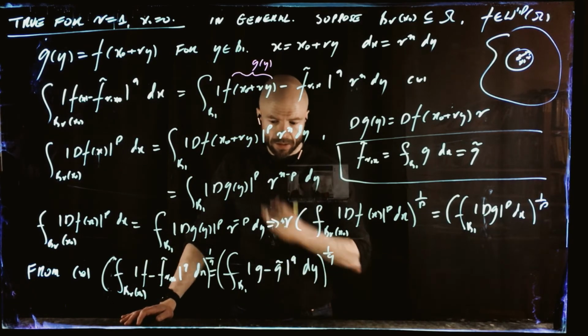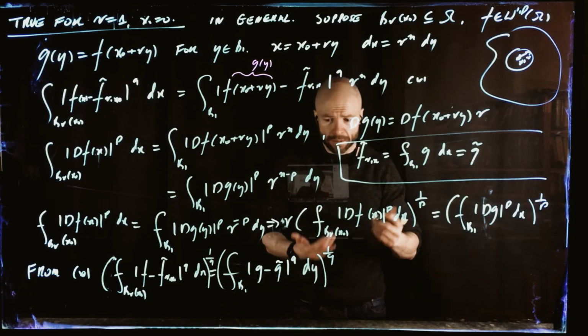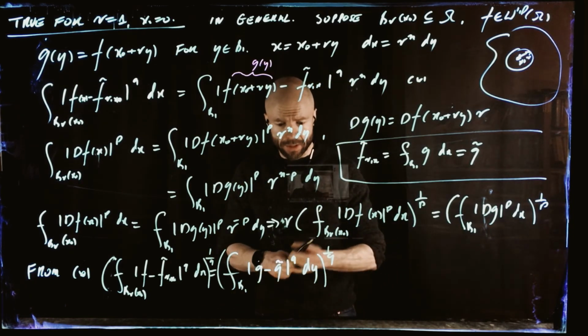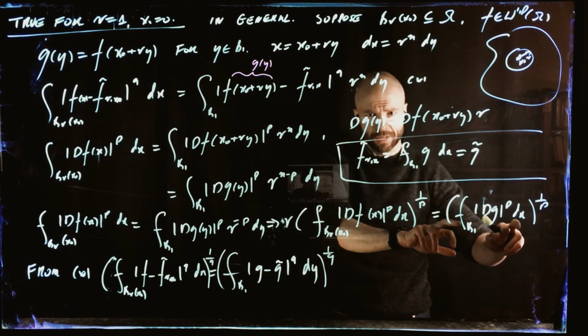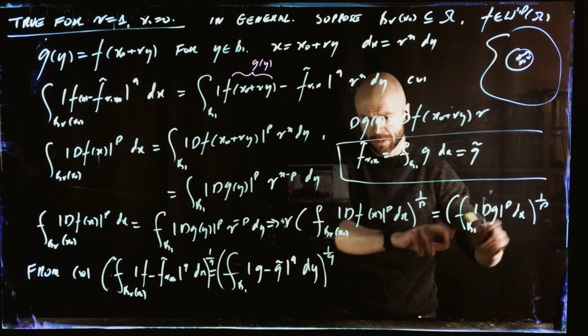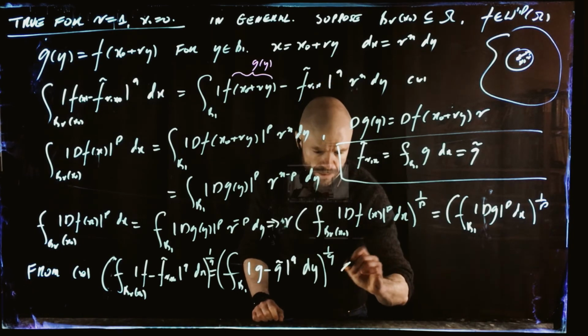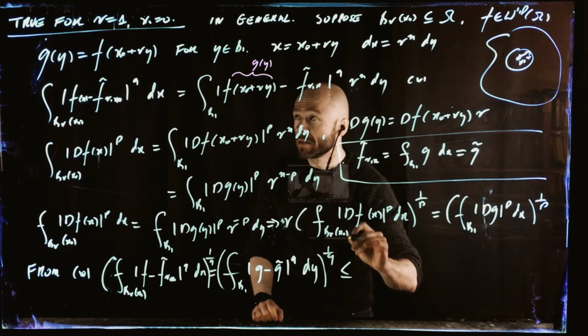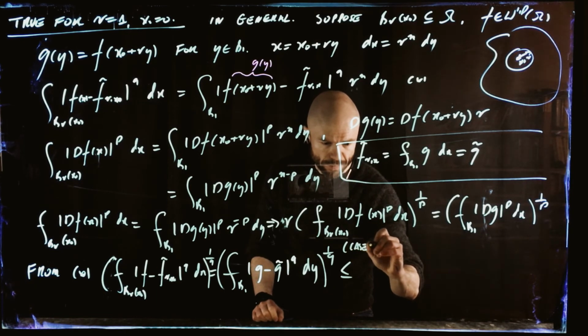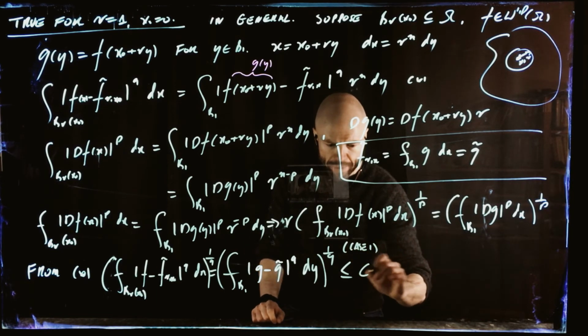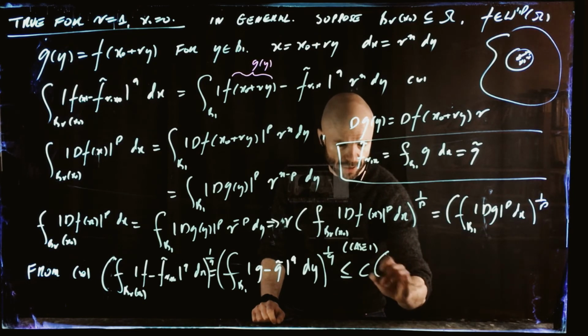Cool. And then what we know, by the case when p equals 1, is that this thing is controlled by this thing with some absolute constant. So then this is, let me say case 1, less than some absolute constant of this expression here.